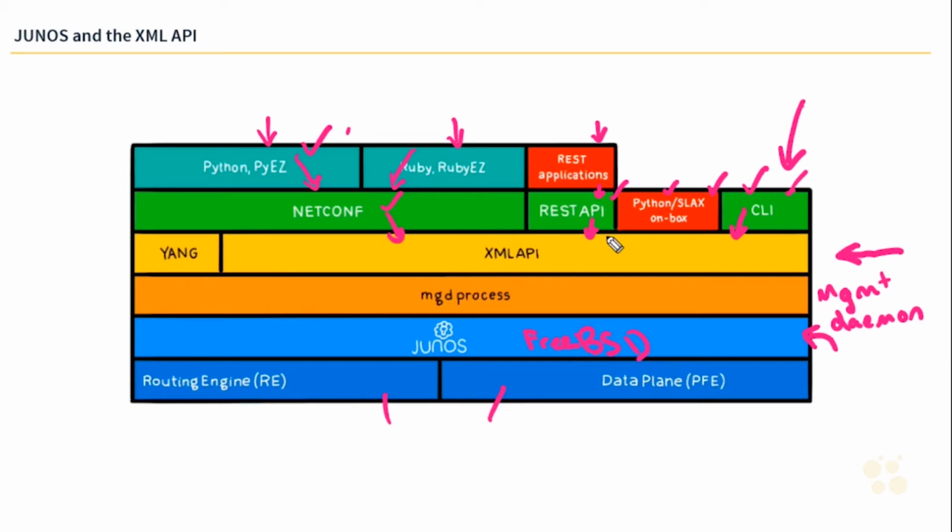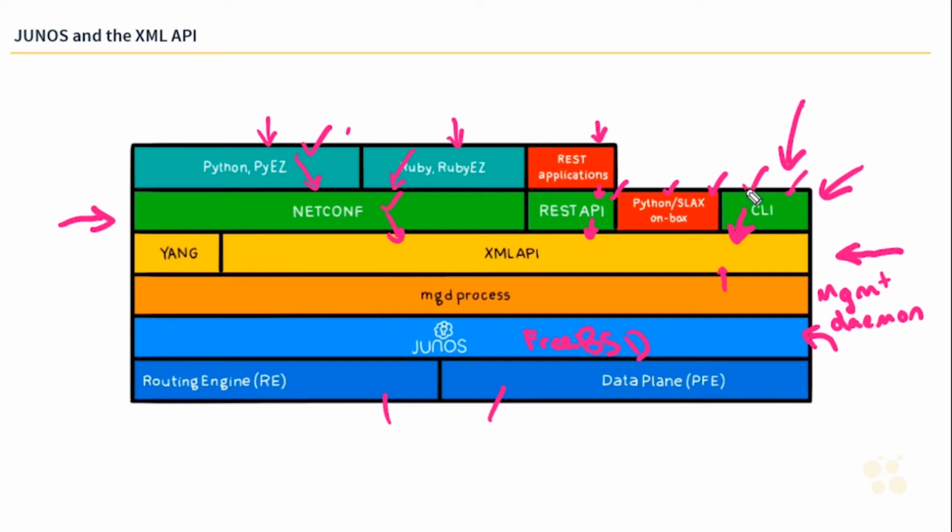The XML API exists on a Junos device, it's running within a management daemon here. So whether this is coming in remotely over network, or is being driven by the command line interface, whatever it does, it is going to be translated to XML under the hood by Juniper.